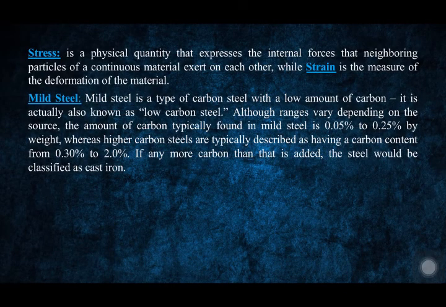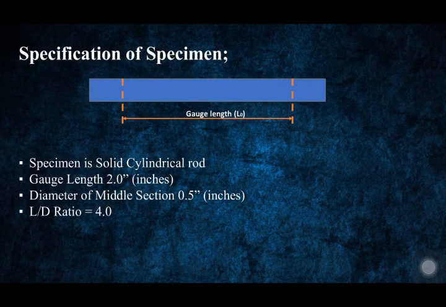So, this is what I have written: the definition of stress, the definition of mild steel, and now let us proceed to the specimen. Over here we take a specimen as a solid cylindrical rod, and we prescribe the gauge length as 2 inches. This is the gauge length because over here we have some threadings.